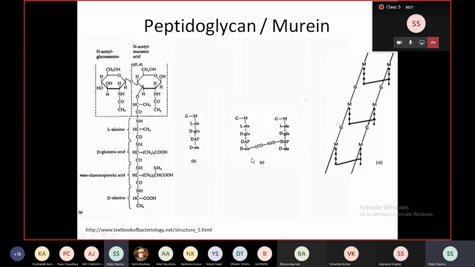The cross-linking of the glycan strands generally occurs between the carboxyl group of the D-alanine at the 4th position and the amino group of diamino acid at position 3 of the peptide bridge. The peptide bridges are highly diverse in terms of composition and sequence and are sometimes even considered as signatures for particular bacteria.